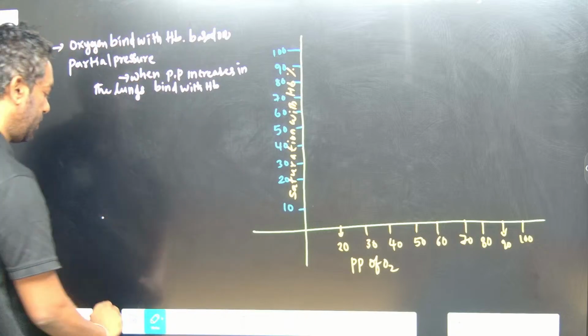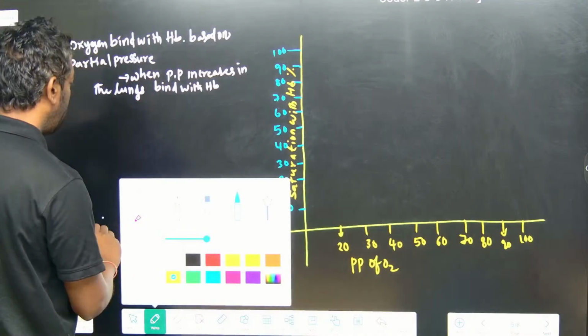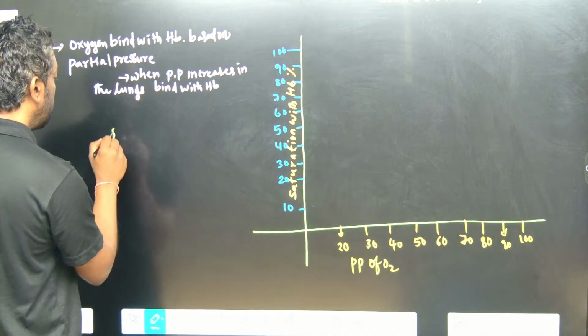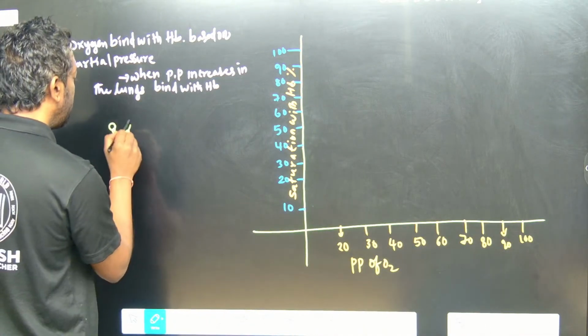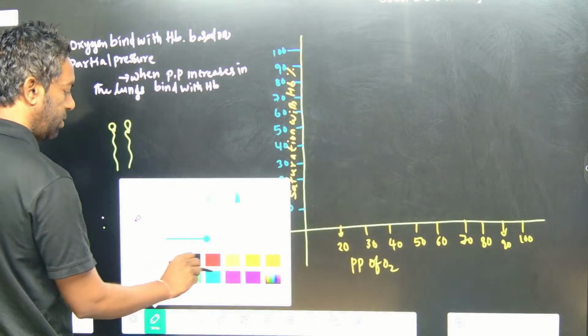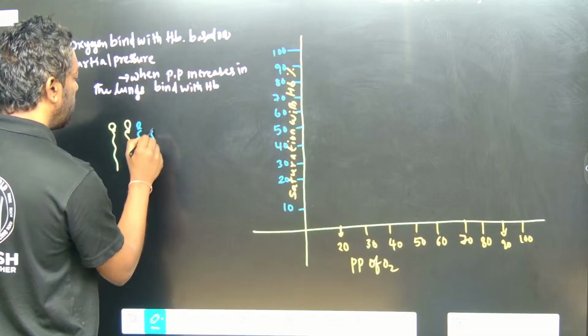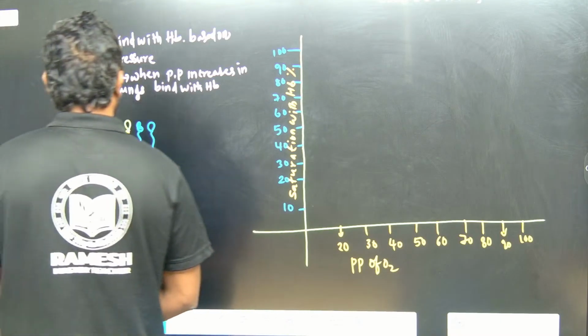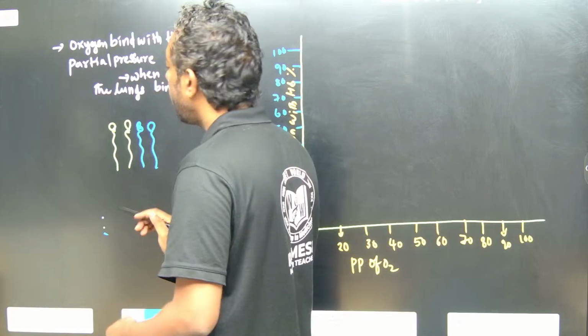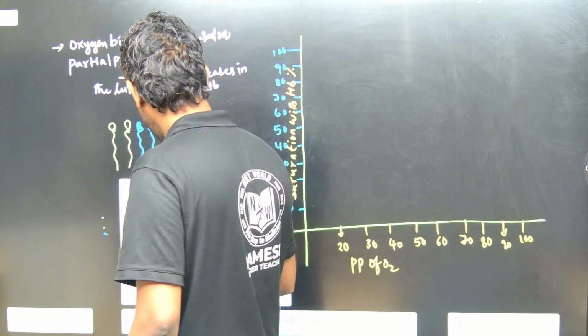So hemoglobin has 4 chains, right? This is the alpha chain, this is the beta chain, with a head part and a tail part. In the lungs, how much is the partial pressure?